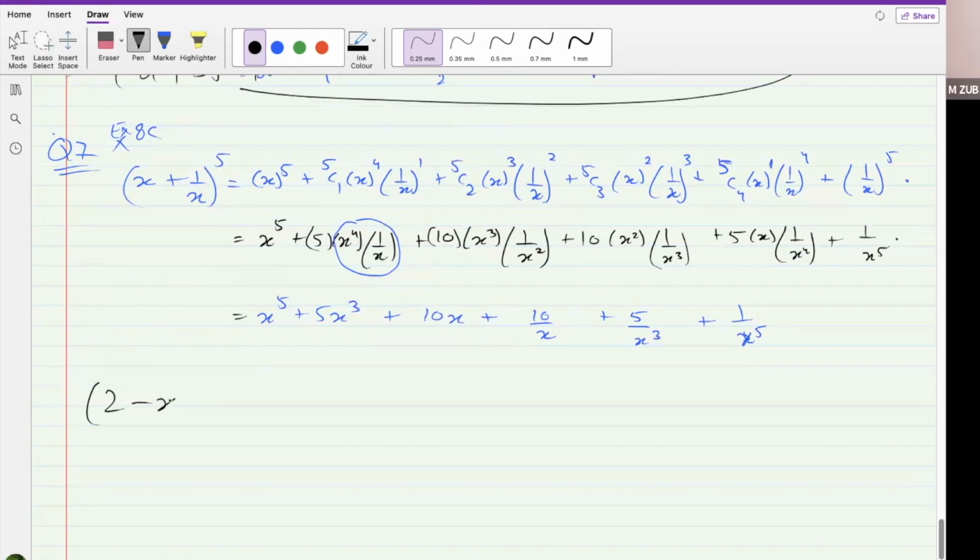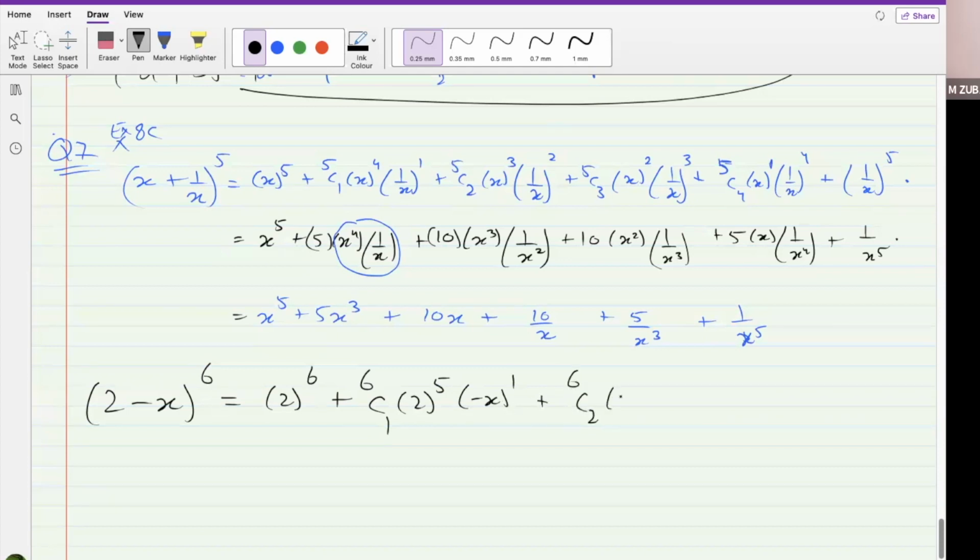It said first 3 terms. So first term plus 6c1 a 6 minus 1 b1. We are done with 2 terms. Third term 6c2 2 power 6 minus 2 and b2. That's it. First 3 terms.